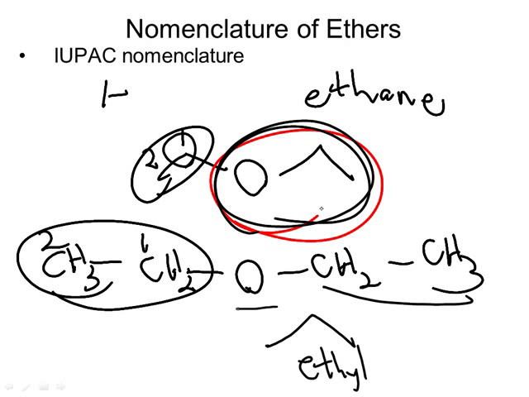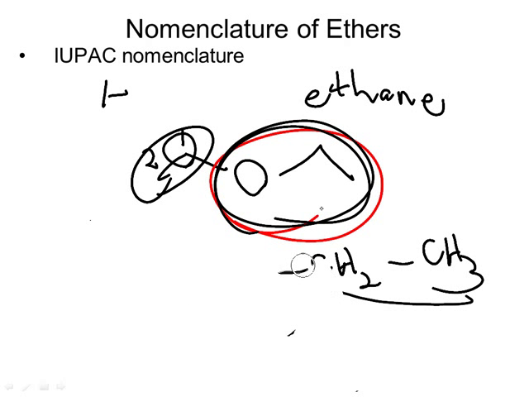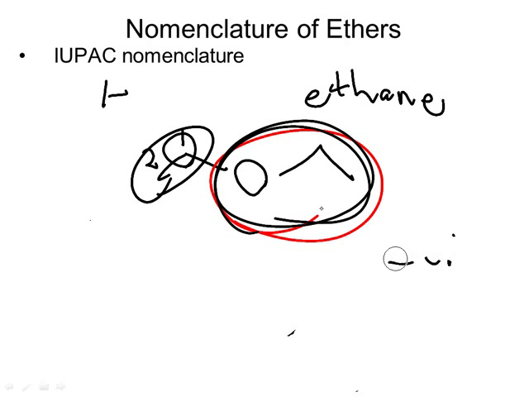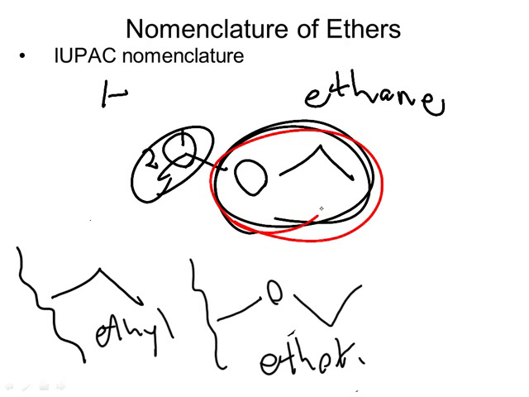But if it's got an oxygen stuck between it and the parent chain, we actually change the name of it. If this is an ethyl group, then this is an ethoxy group. So eth is still coming from the 2 carbons here, and oxy coming from the oxygen.